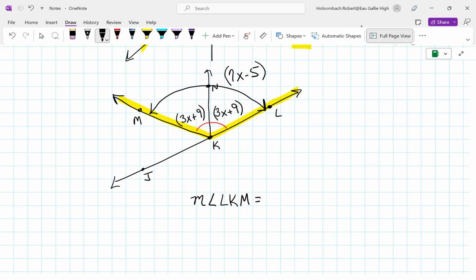So we write an equation: 3x plus 9 plus 3x plus 9 is equal to 7x minus 5. Now, the next thing we need to do is combine our like terms. So a 3x plus a 3x is a 6x. A 9 plus a 9 is 18, and that's equal to 7x minus 5. So we're still solving for x. You're going to subtract 6x from each side.